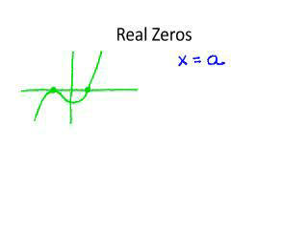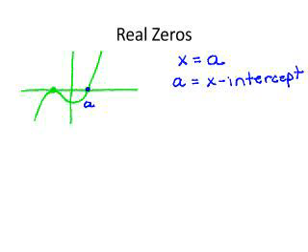If a is a 0, so let's say this is a right here, a is a 0, meaning it makes the function equal to 0. That also means then that a is an x-intercept, that's where it crosses, at one point anyway, the x-axis.